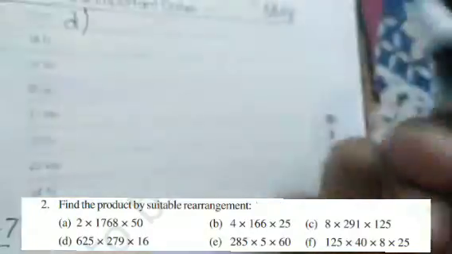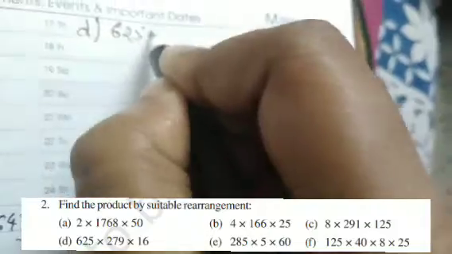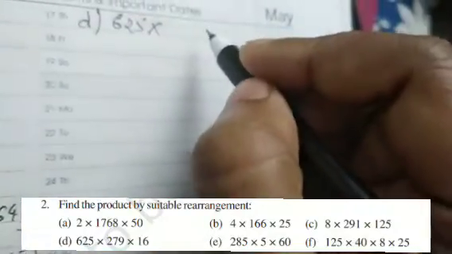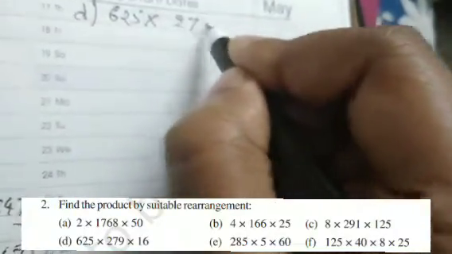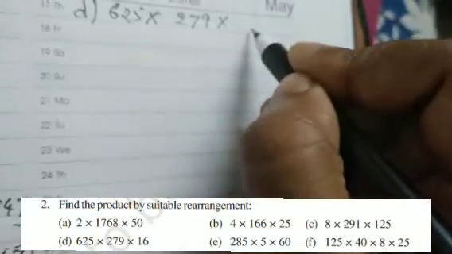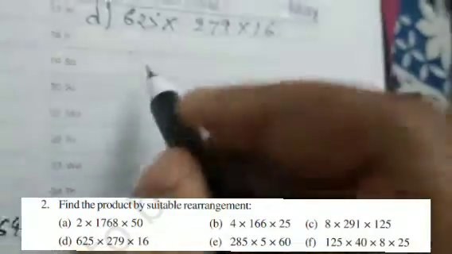Next, D. I have it as 625 into 279 into 16. So I have 625 into 16.